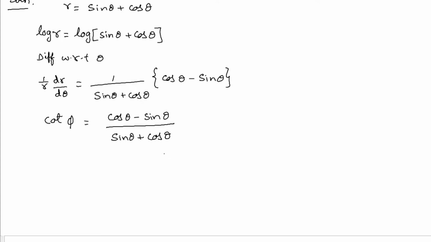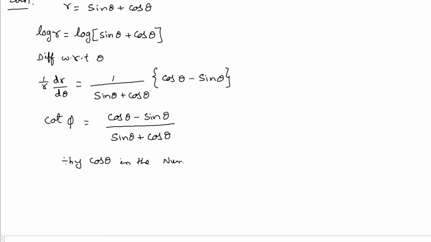So I want to express the right hand side in terms of cot, since the left hand side is in terms of cot. For that, I'll divide by cos theta in the numerator as well as in the denominator.